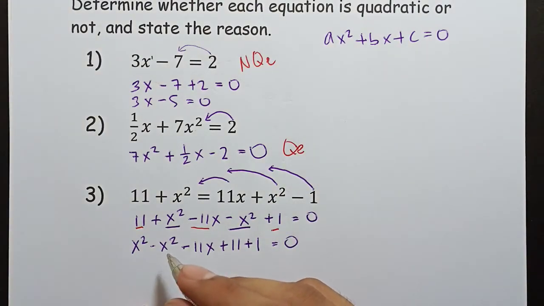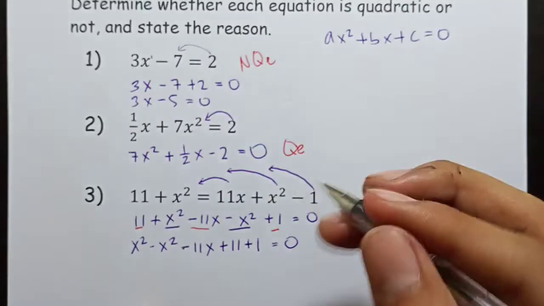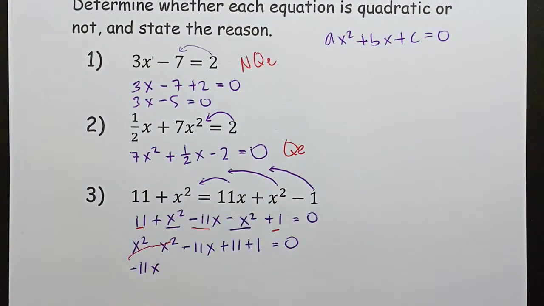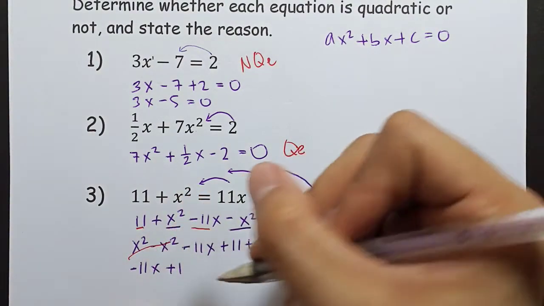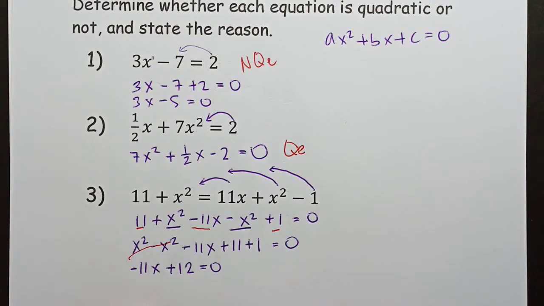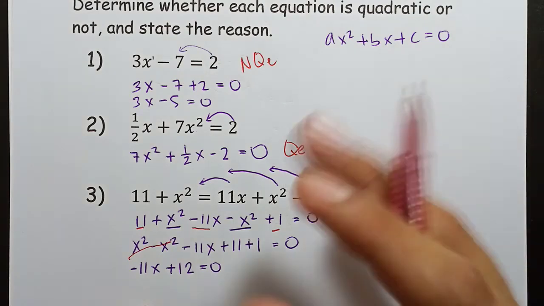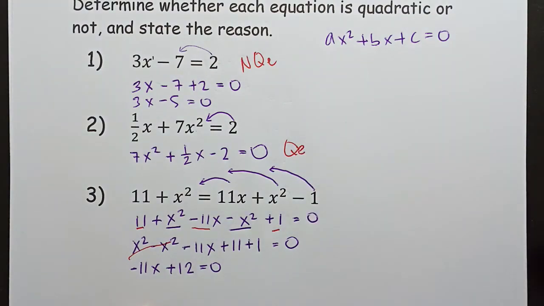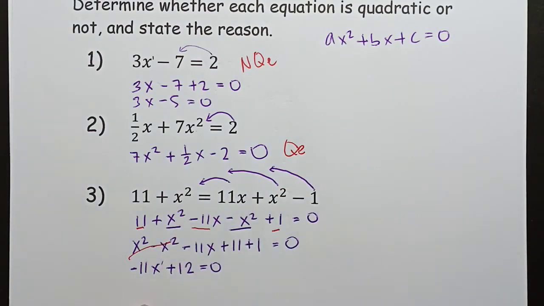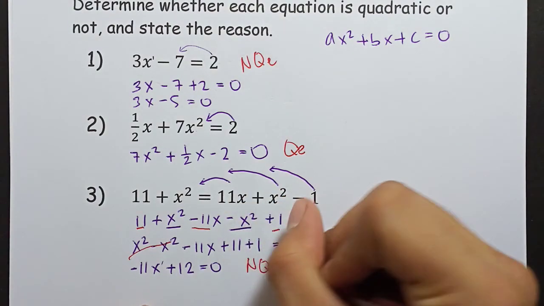So, x squared minus x squared is 0. So, wala na matitira. Kaya, magiging minus 11x na lang. Plus 11 plus 1 is 12. Plus 12 equals 0. So, as you can see, ito na yung reduced form niya or simplified form niya. Negative 11x plus 12 equals 0. Ayan na. At ang exponent niya or yung degree niya is 1. So, hindi siya quadratic equation. Not a quadratic equation.